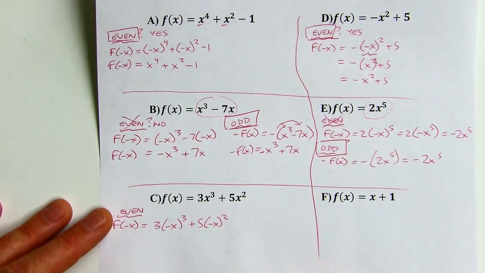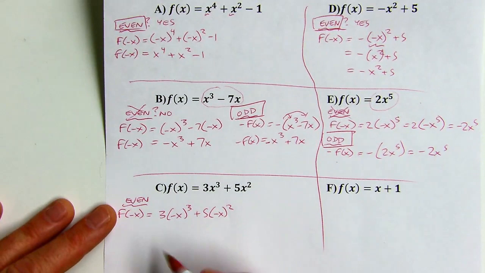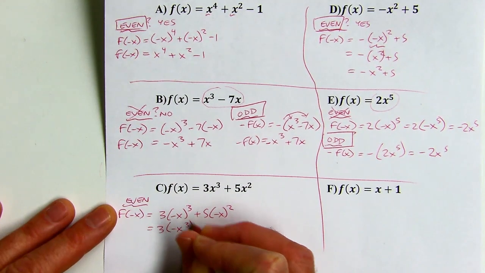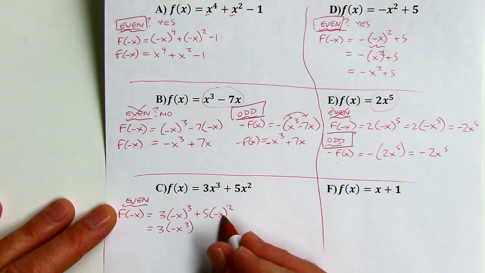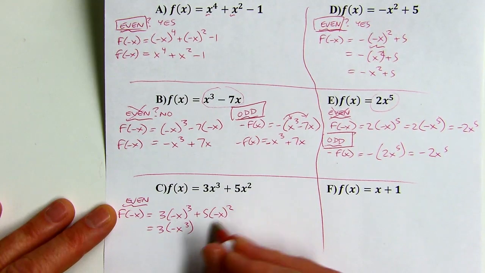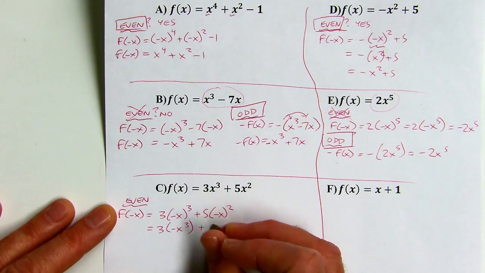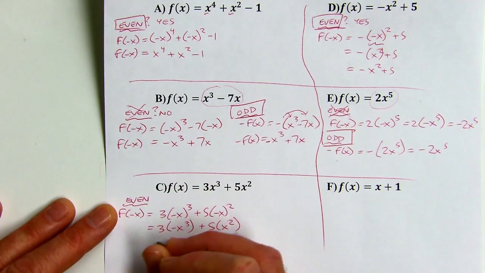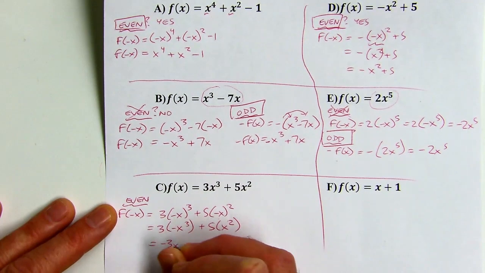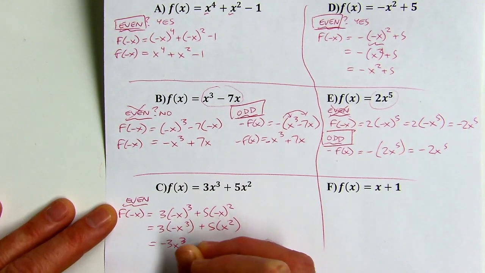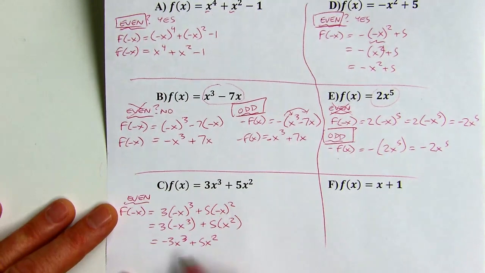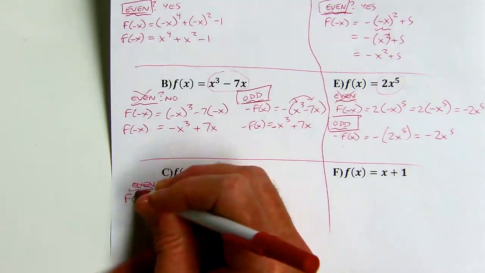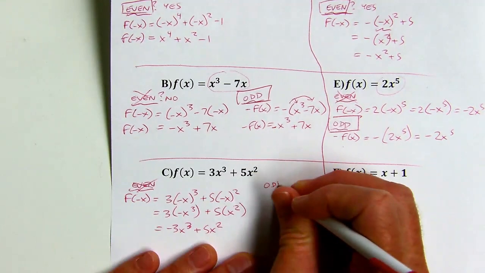Raising a negative number to an odd power gives me a negative, and raising a negative number to an even power comes out positive. Hey, that's not equivalent to the original, so it's not even. Let's test if it's odd.